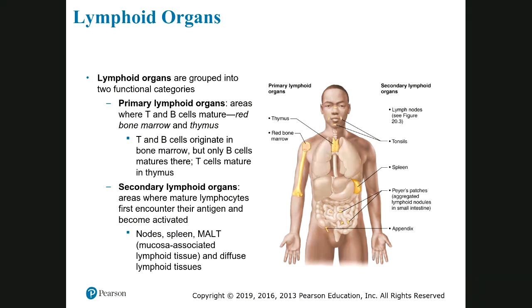Those secondary lymphoid organs are the nodes, the spleen, and all the mucosa-associated lymphoid tissue, the MALT.